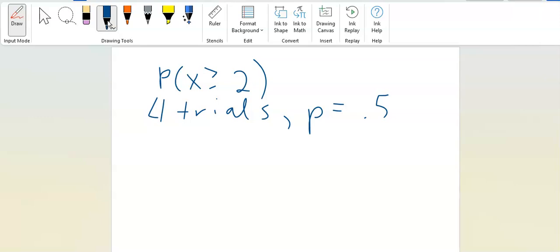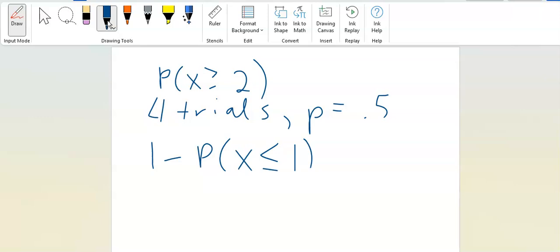The only problem with the technology as we go to Excel is it gives us the probability of things being less than a value. So since we're looking for x greater than or equal to 2, we need to think of what the opposite of that is. We're going to find the opposite in Excel and subtract it from 1, because our probabilities will always add up to 1. The opposite is x less than or equal to 1.